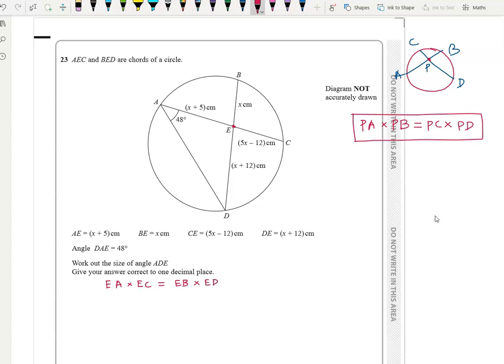Now the value of EA is x plus 5. The value of EC is 5x minus 12. And EB is x and ED is x plus 12. So let's expand the bracket.